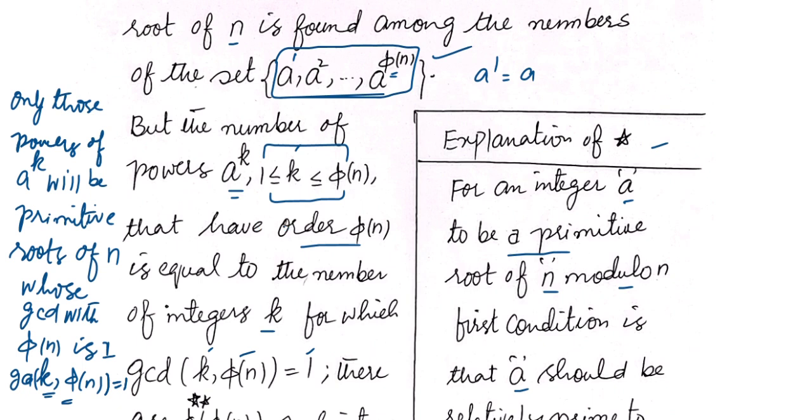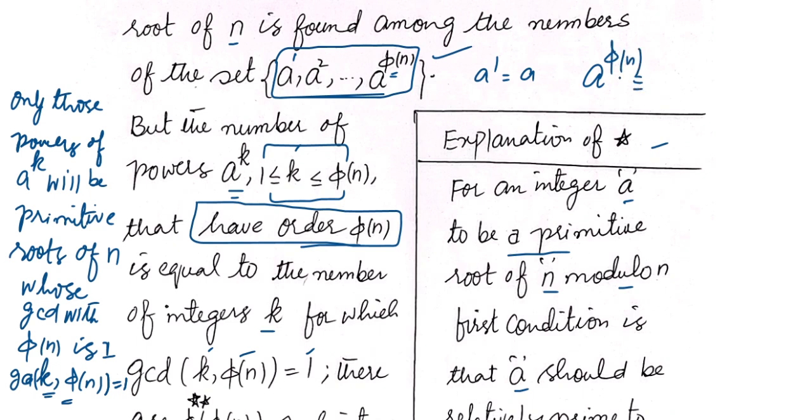Here, why have I written whose order is phi of n? This is the primary definition of a primitive root. We say an integer a is a primitive root if its order is phi of n.